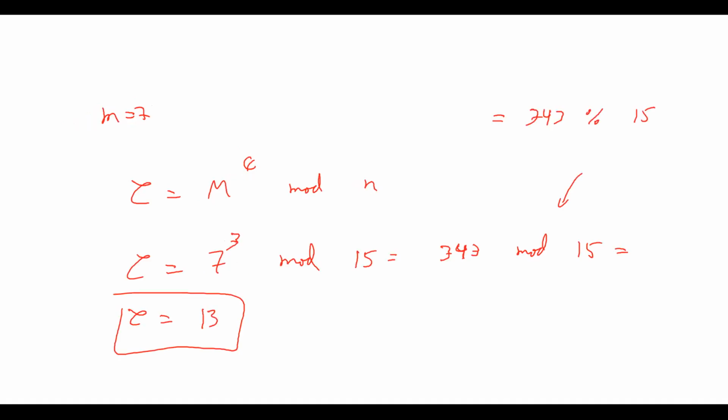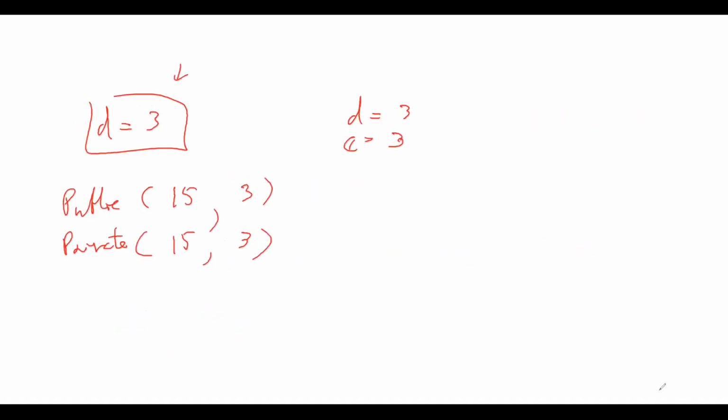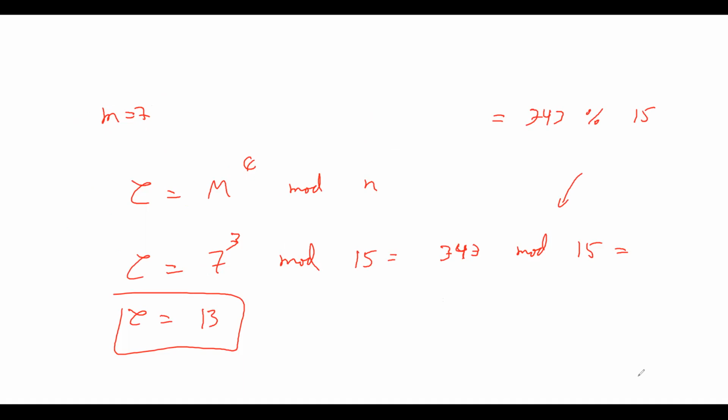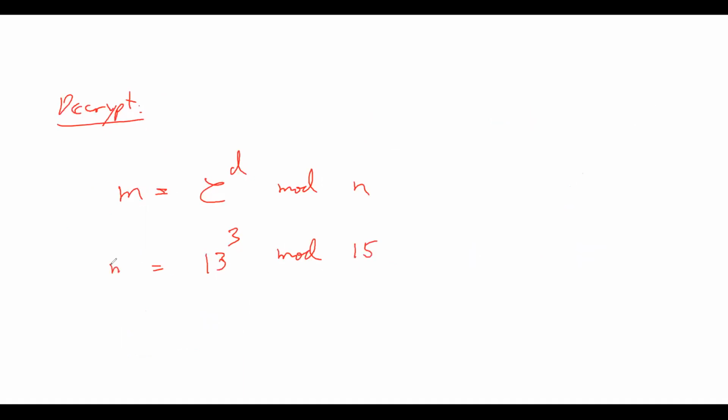Decrypt here would be, the D exponent would be 3. Mod, which is the modulus operation, and then N was 15. And when you do this, it gives you a 7. All right, and now you're able to basically encrypt and decrypt.